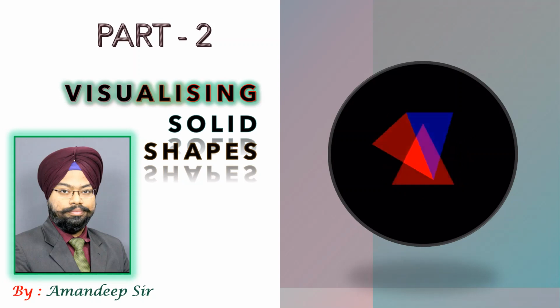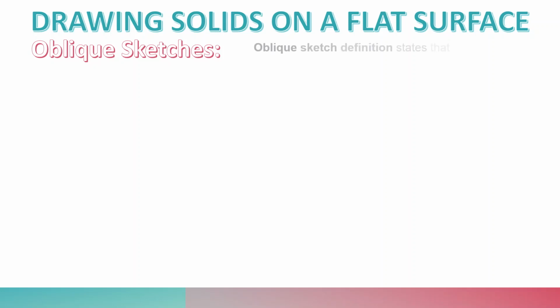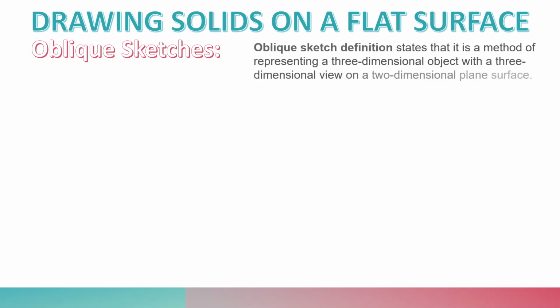Let us begin with the first type, and that is called the oblique sketch. Without knowing the definition, we will not be able to understand what it actually is. So the first part is the definition of the oblique sketch.